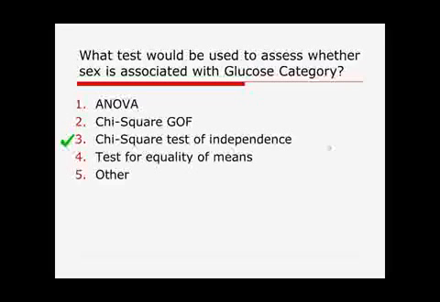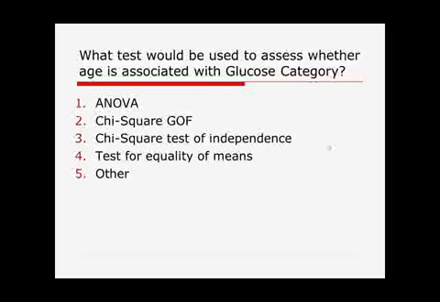If we, for example, had data from another cardiovascular epi study that told us X% were diabetic, X% impaired, X% normal, how does Framingham line up against that? That would be goodness of fit. But here we're comparing men and women on this. Why is this not analysis of variance? Because for our glucose category, we're not analyzing the continuous glucose measure, we're putting people into categories.